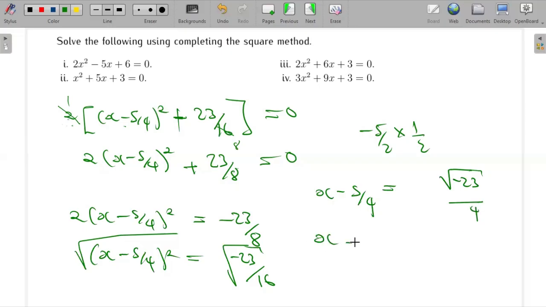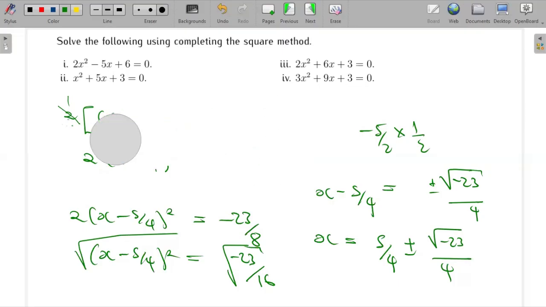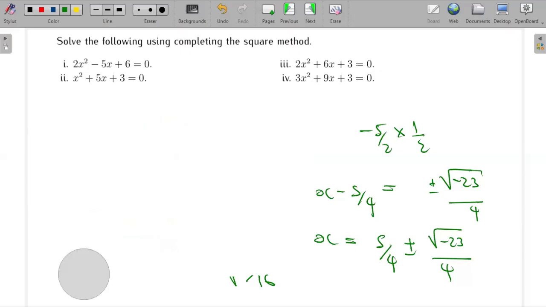And then x is equal to 5 over 4 plus minus, because we took the square root, the square root of negative 23 over 4. Now notice that because of that negative in the root, you're going to get complex numbers.